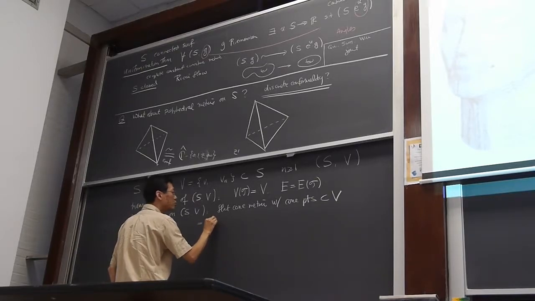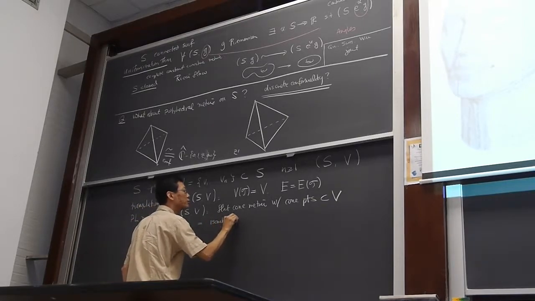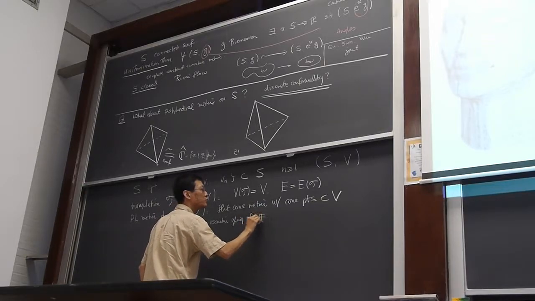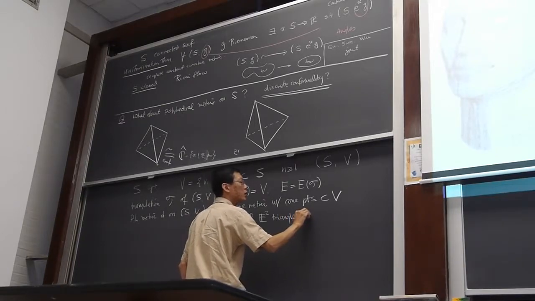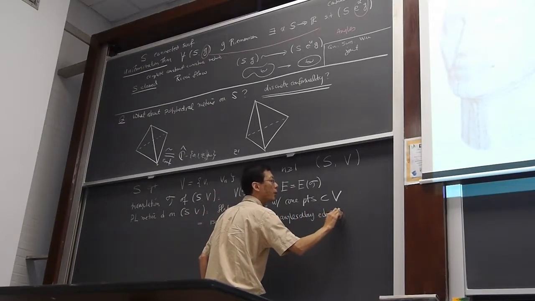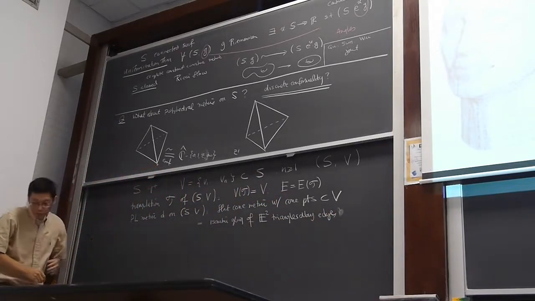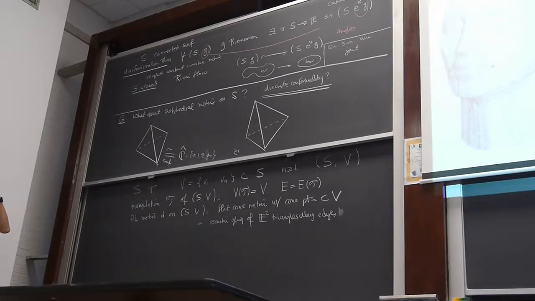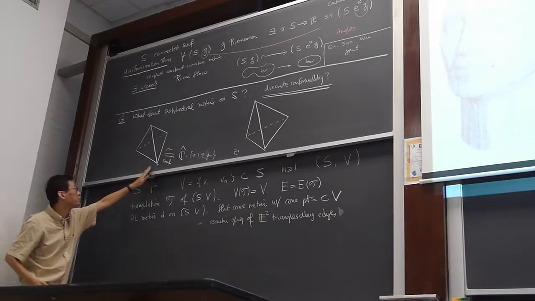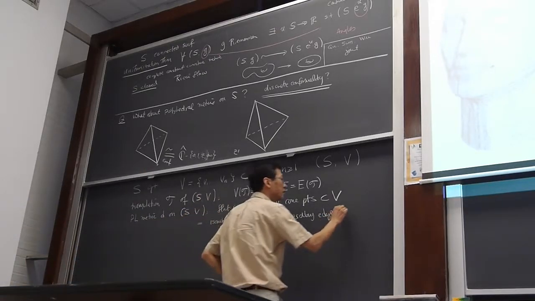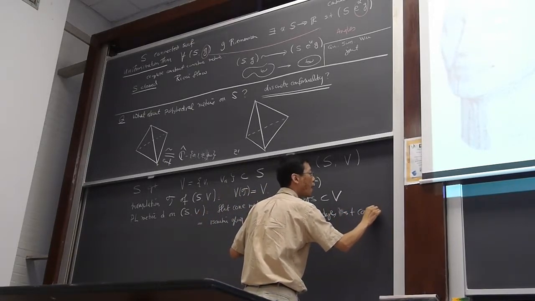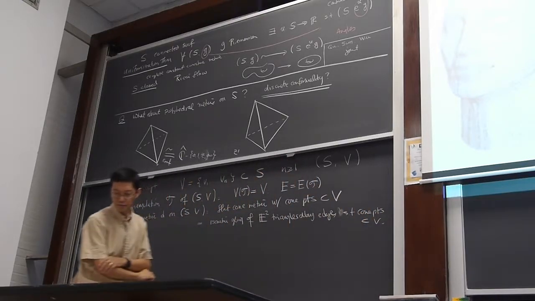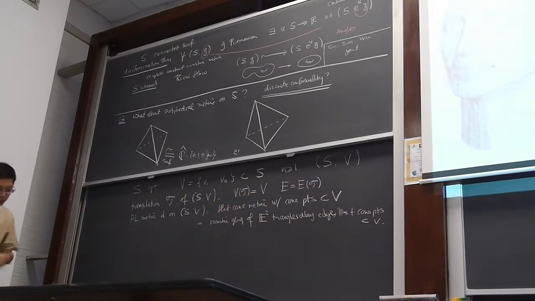It's really an isometric gluing of Euclidean triangles along edges, and so this tetrahedron is really obtained as: they take four triangles and glue their edges in pairs by isometries, and that's a polyhedral metric, such that the cone points are inside V. Okay, so that's a polyhedral metric.